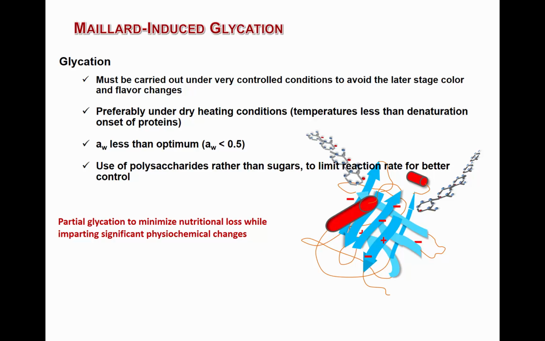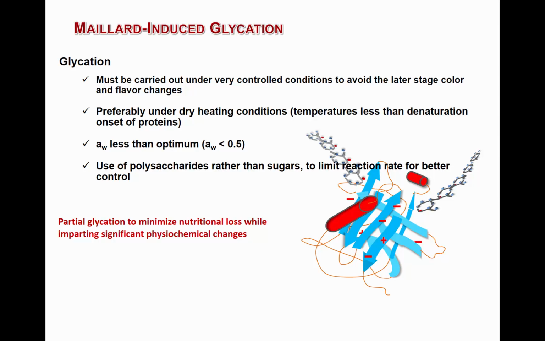If you maintain it below an optimum range, and also maintain a temperature that's not too high, because again temperature impacts the rate, and at the same time temperature denatures the protein, so you don't want high temperature. So if you maintain temperature below denaturation, water activity below optimum, and use saccharides that are not high in reducing capability, then instead of using lactose, maltose, or glucose, you end up using maltodextrin, for example.